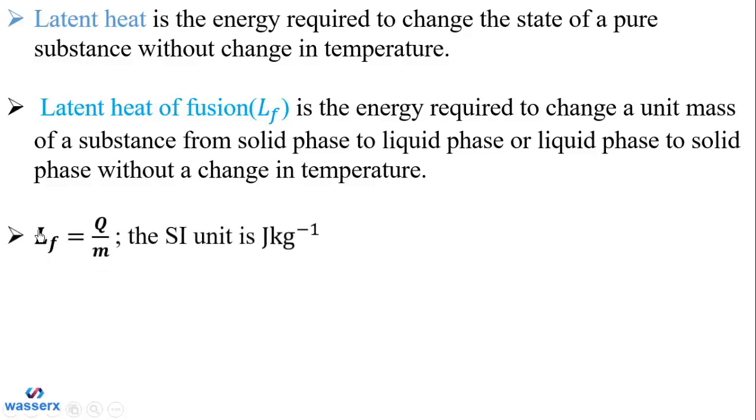So the relation is that latent heat of fusion is equal to amount of heat over mass, and the SI unit is joules per kilogram. Then we can rewrite the relation as Q equals plus or minus M times L sub F.